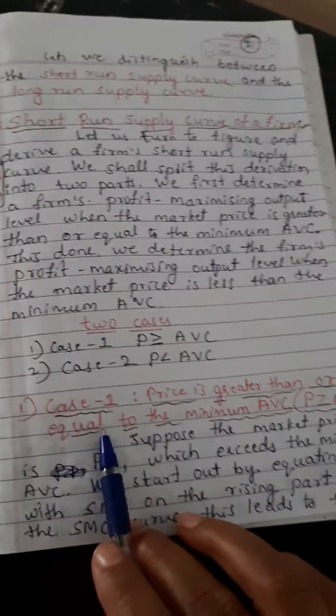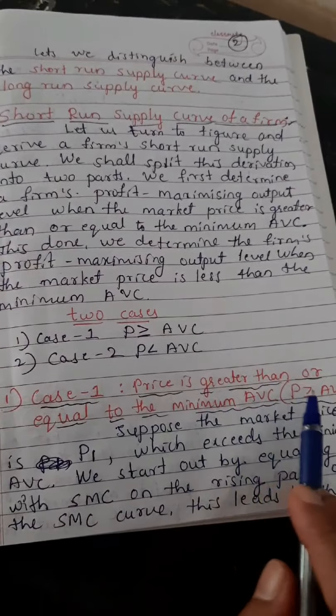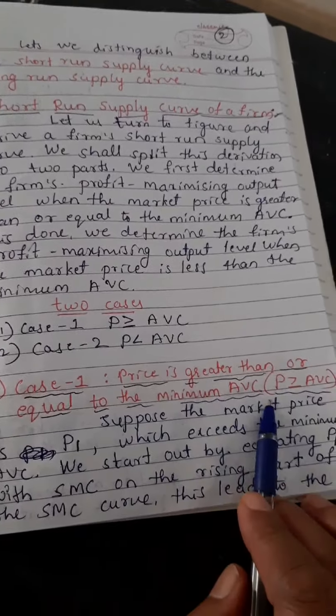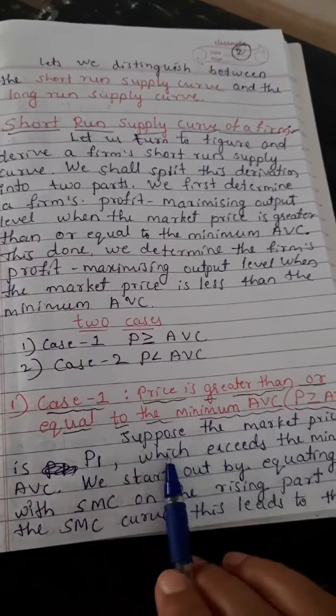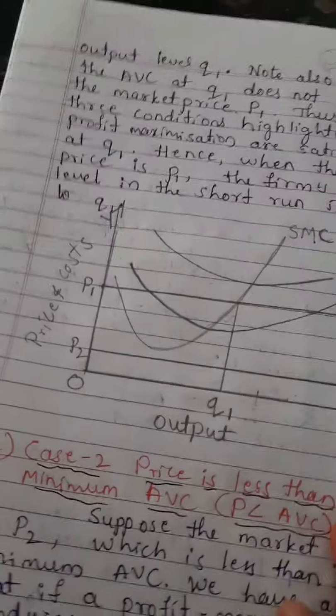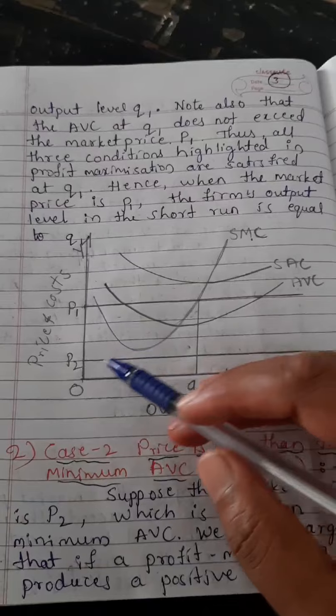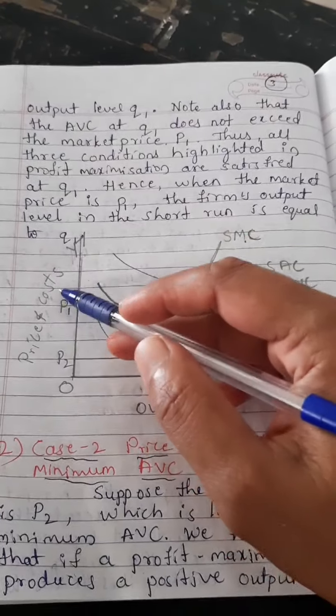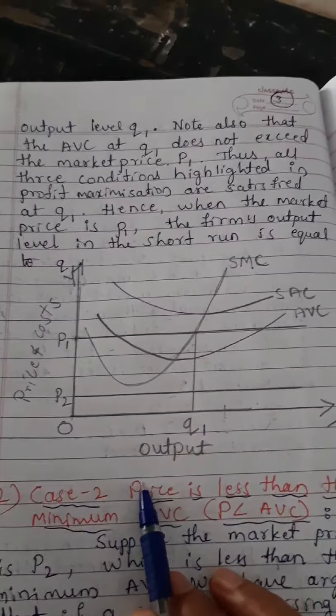And first one, case number 1, price is greater than or equal to the minimum AVC. Suppose we explain with the help of a diagram, then only you will understand the concept. See, this is the diagram. On the y-axis it is the price and cost, and on the x-axis it is the output.